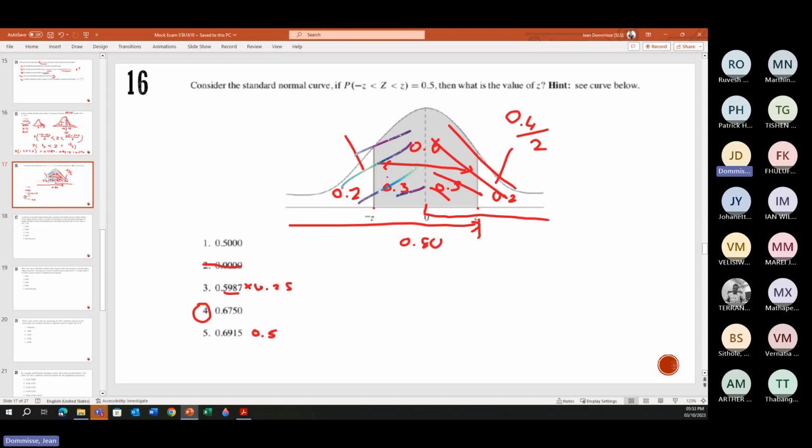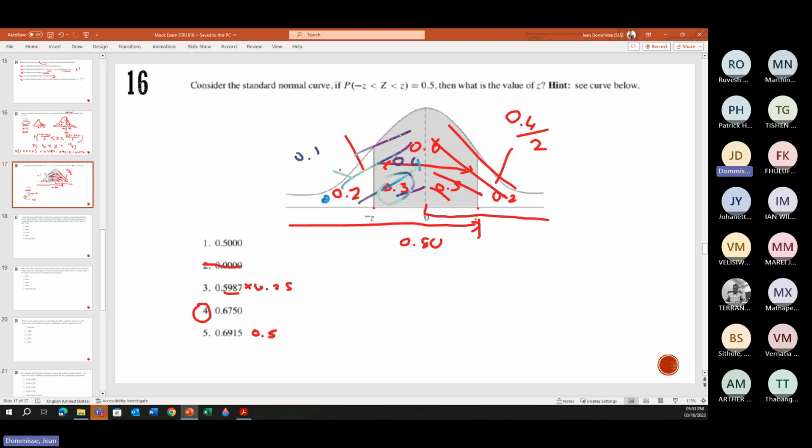So whatever I have in here, so if I've got 0.25 like we had, this part will also be 0.25. If I have 0.3 here, this will be 0.2. If I have 0.4 in here, this part will be 0.1. Every time it's basically to do with a symmetry that everything is cut in half.